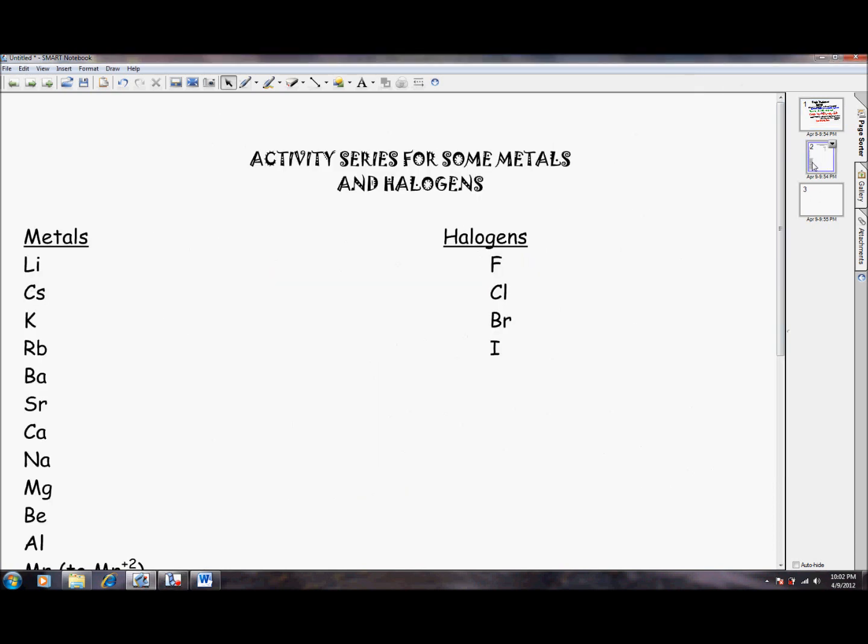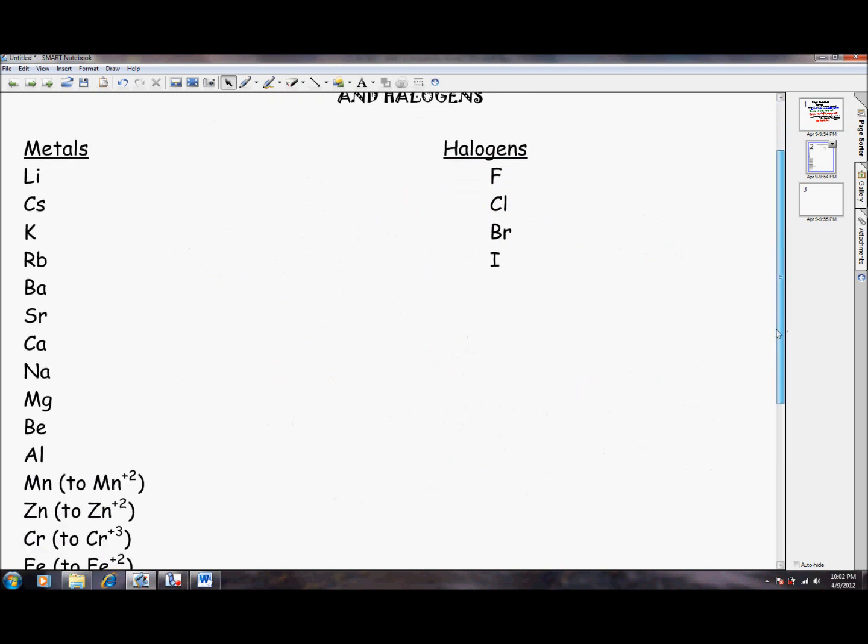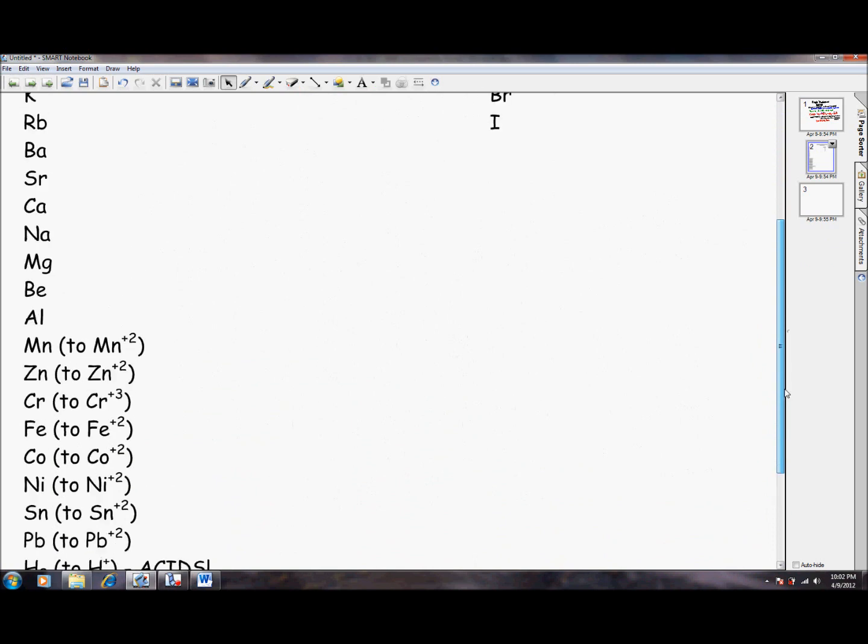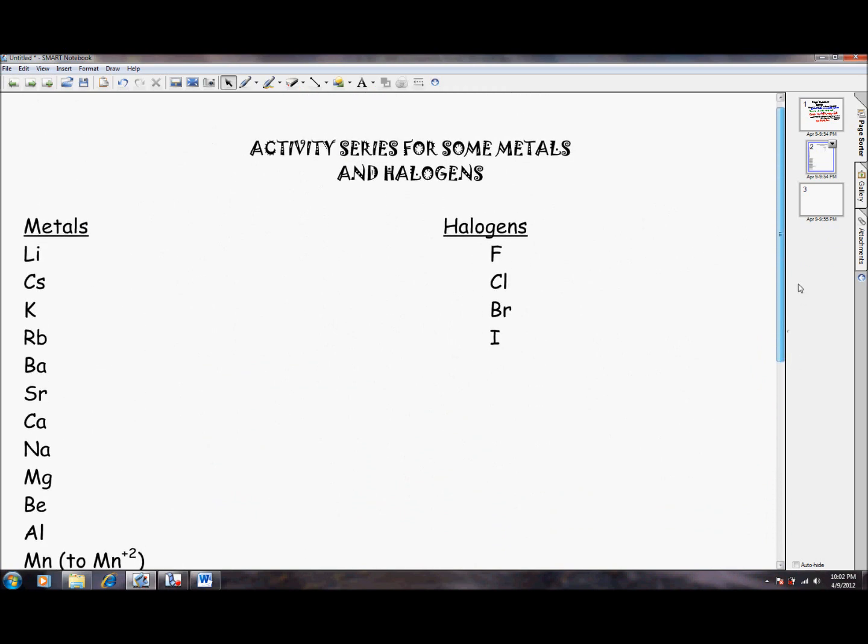On this page, this is a copy of the activity series that you should have. Now, there are two columns for the activity series. First thing I suggest, because it will get confusing a little bit later, is somewhere on your activity series you should write that these are for single displacement reactions.